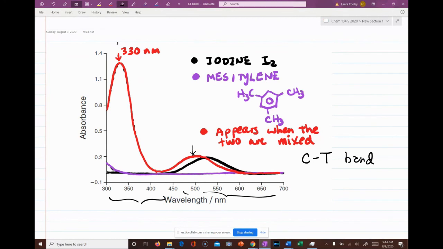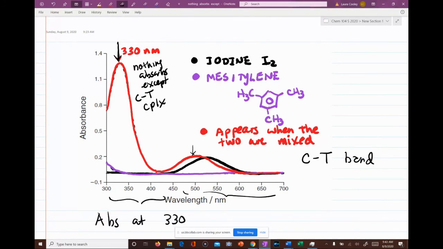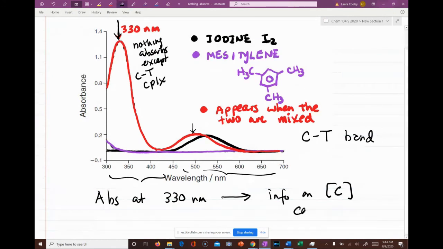But very importantly, there is this nice peak here at 330, and here nothing absorbs except that charge transfer complex. Okay, so it is the absorbance at 330 that gives us information on the concentration of complex.